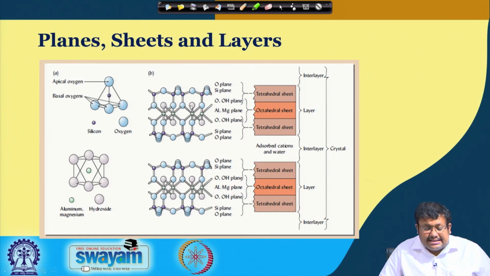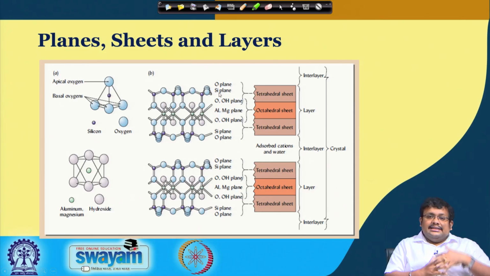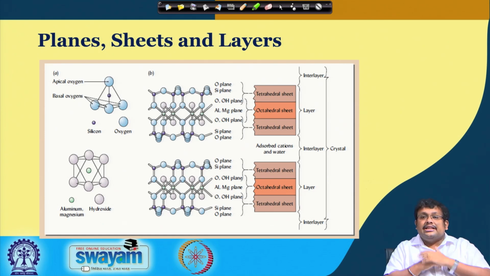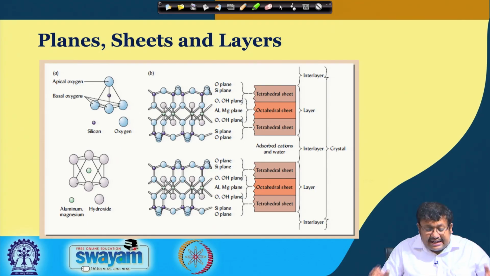As you can see, hydroxyl and oxygen will be shared between this tetrahedral sheet as well as this octahedral sheet. The similar thing will be repeated here also. This is how we get a total 2:1 type of structure. So, one thing is clear: to join two different sheets, they need to share their apical oxygen, specifically the apical oxygen of the tetrahedral sheet, and that is why they join.